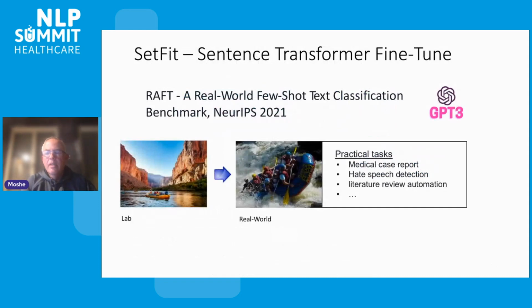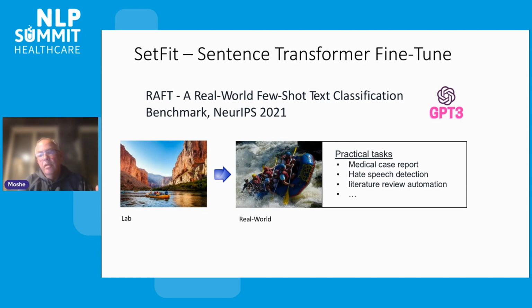In the following slide, I present SetFit, which is a simple and efficient alternative for few-shot text classification, and a few performance results for few-shot setting on different data sets. Let's start with RAFT. RAFT is a data set for real-world text classification benchmark, which allows only 50 samples for training.